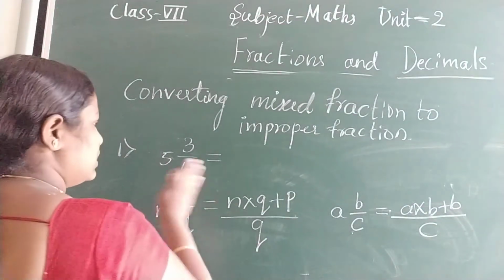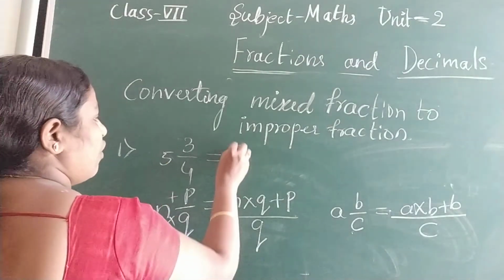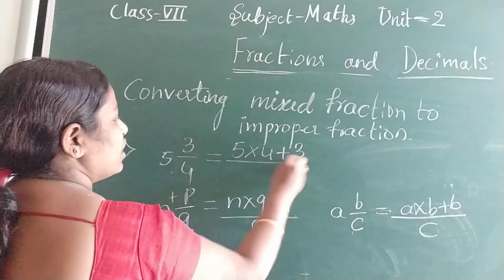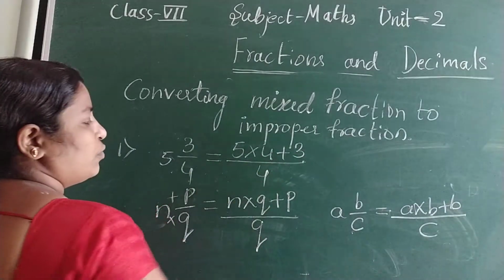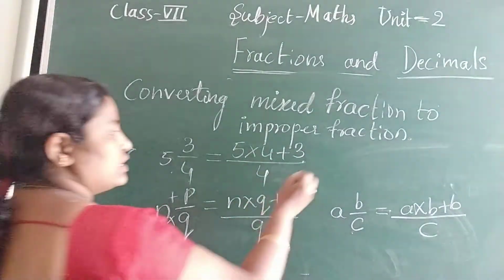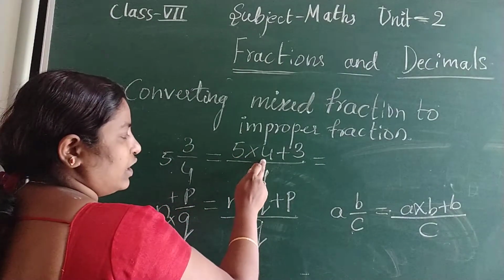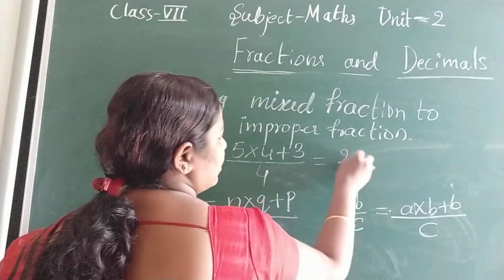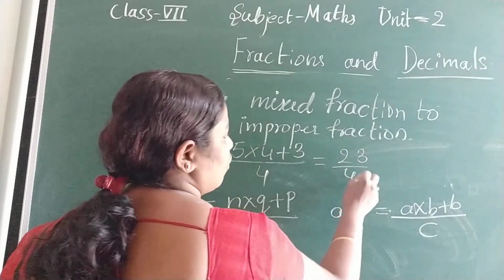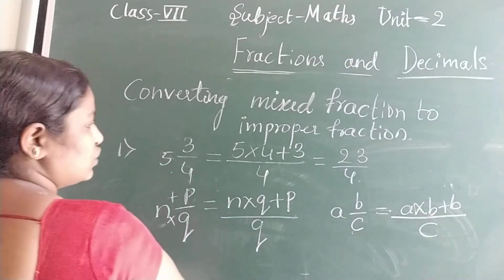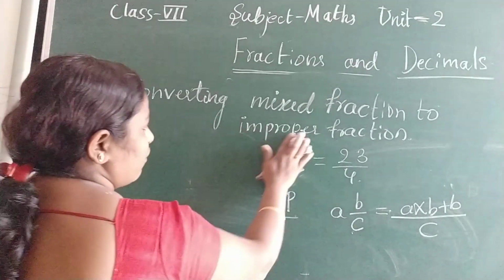So we will apply this here also. 5 into 4 plus 3, divided by the denominator as it is. So simplify this: 5 fours are 20, 20 plus 3, 23 by 4 is the answer. This is how we convert the mixed fraction into the improper fraction.